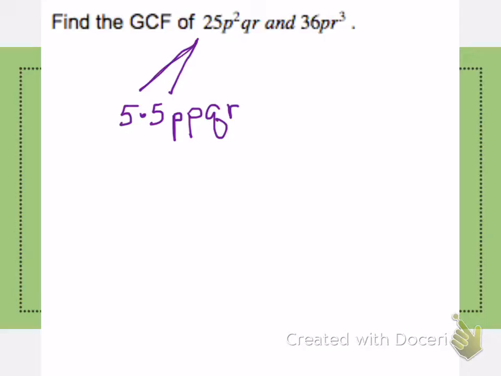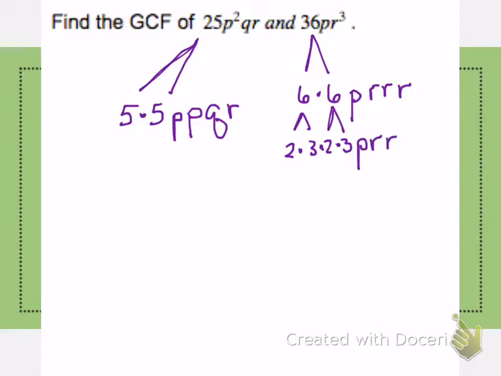And for 36, I'm just going to start with 6 times 6. You might start with something else. P on 3 factors of r, but now 6 is not prime, so I can break that down further. So that's 2 times 3, and 2 times 3, and then I have my factor of p and the 3 r's.